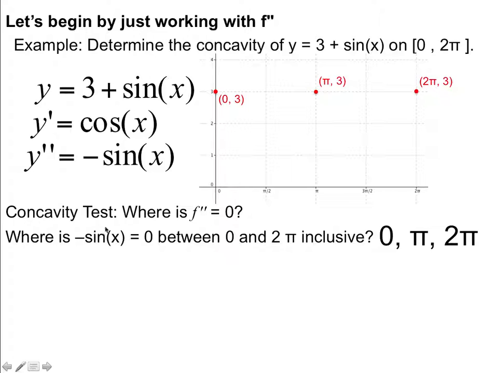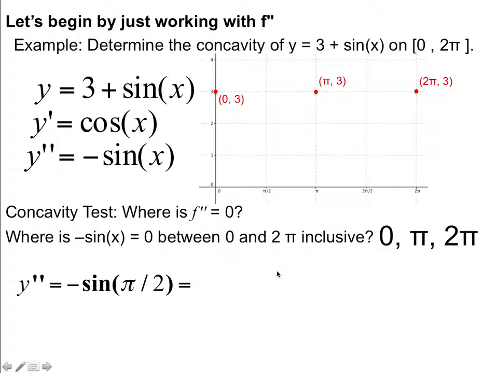Now we're going to take the concavity test. We're going to say, what is the concavity in this region? Okay, so we're going to put in pi over 2 into the second derivative, because remember the second derivative test is looking at the value of that second derivative. So the sine of pi over 2, let me draw my unit circle again. Here's 0, pi over 2 is up here.